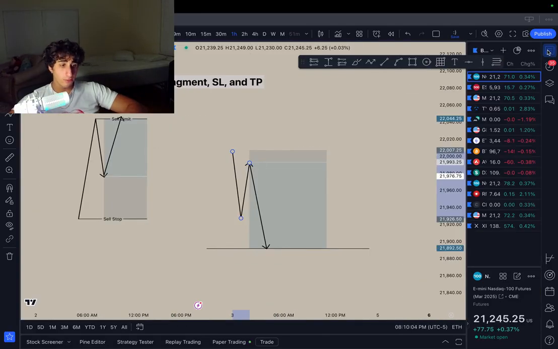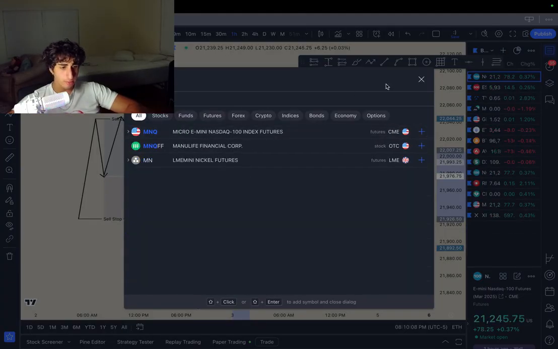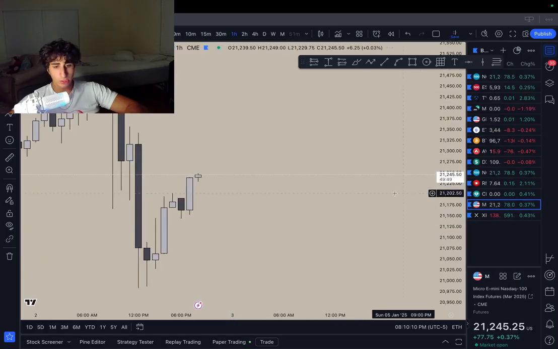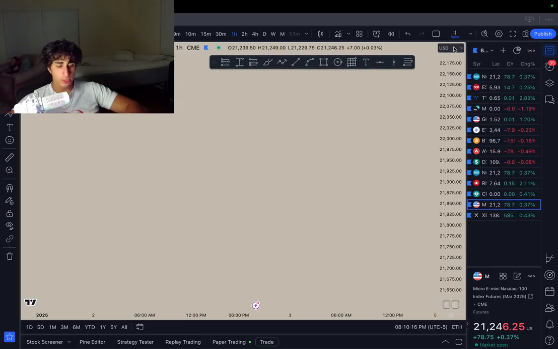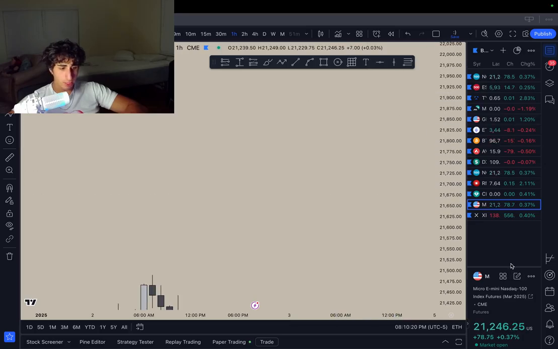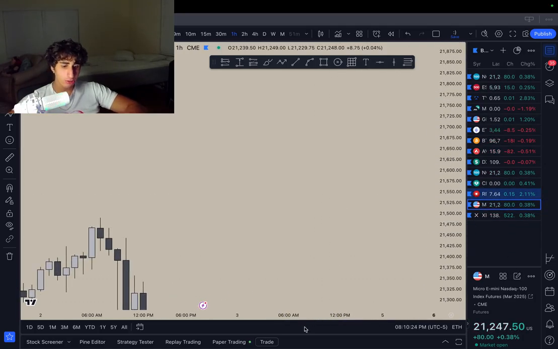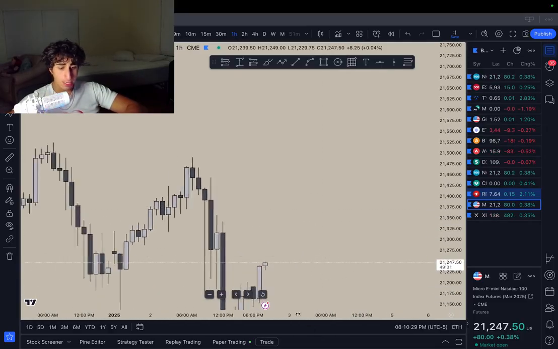So you can also get even more precise orders with MNQ. So MNQ H2025, you're going to get a lot of precise orders, because 10 micro contracts equate to one mini contract.